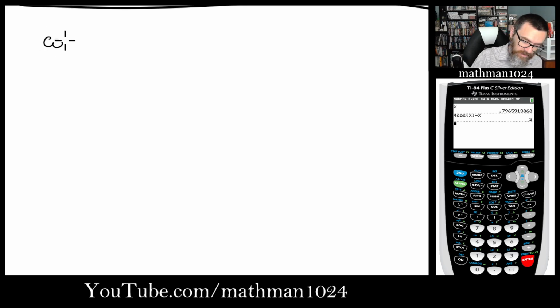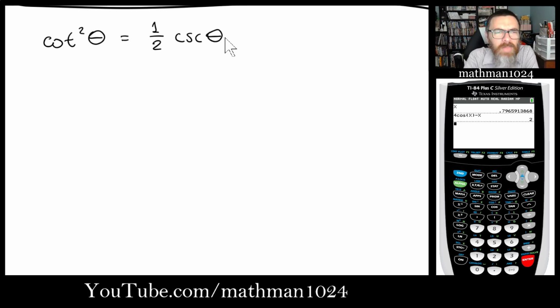So we have cotangent squared of theta is equal to 1/2 cosecant of theta. Well, I do know that cotangent and cosecant are connected to each other through a Pythagorean identity.